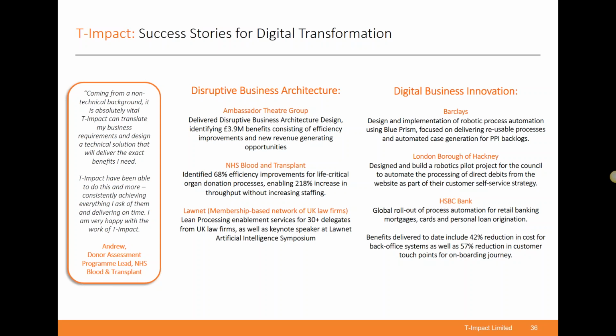And at HSBC, we're talking about a massive rollout of Blue Prism robots, who are looking at understanding whether or not they could give credit for mortgages, loans, and other financial vehicles to customers based on information about their history.